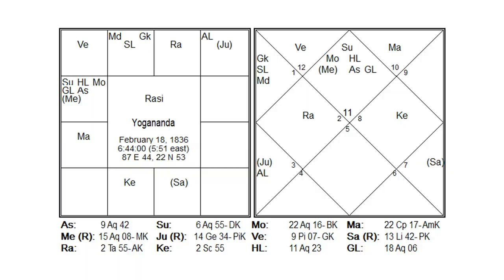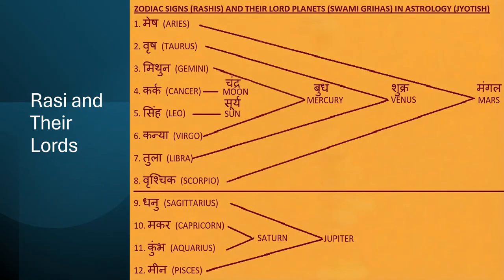Okay. So, in the last class, we saw how to learn lords of various Rashi, and this is a very simplistic diagram. I think this is the best way using this diagram to learn the lords. So this is one thing which should be by heart. If you want to do anything in astrology, this is the first thing that you should do by heart.